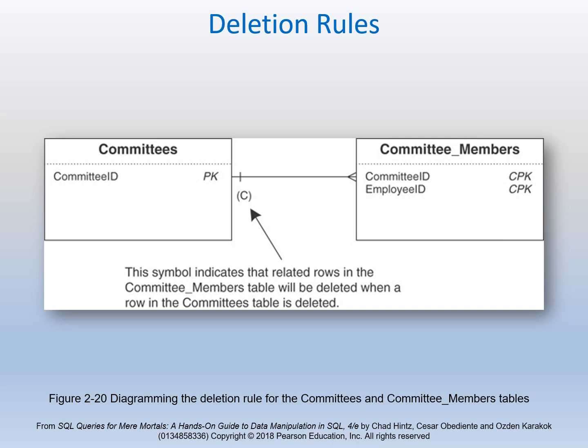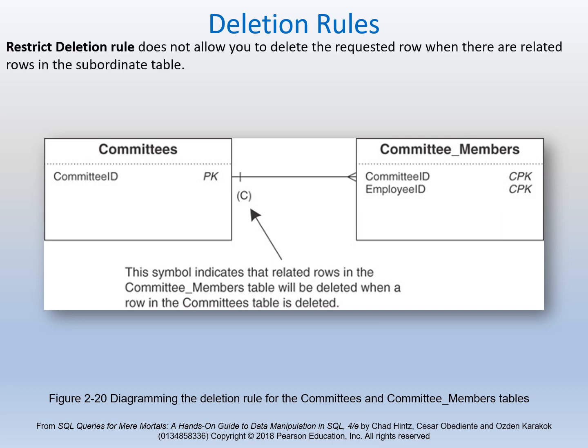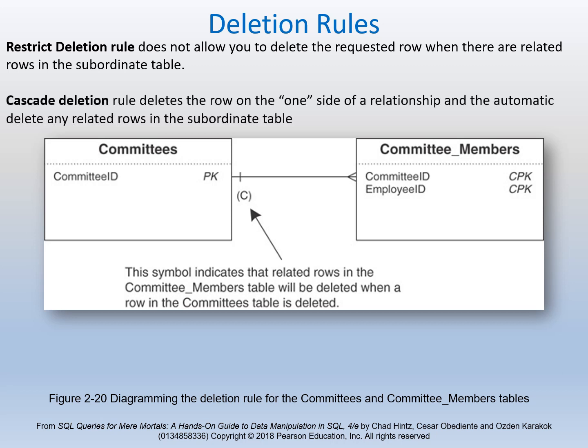We don't want to delete a committee and the committee members are still in the committee members table, but there's no committee. There are two types of deletion rules. One is to just restrict the deletion and not allow a committee to be deleted if it has committee members. The other rule is called cascade deletion, which means if you do delete the committee, automatically the committee members are deleted.